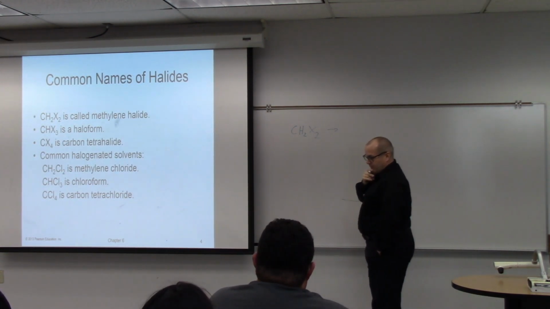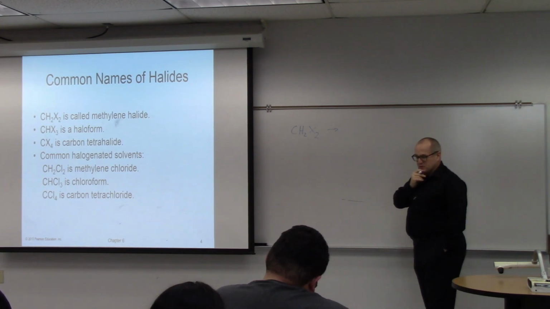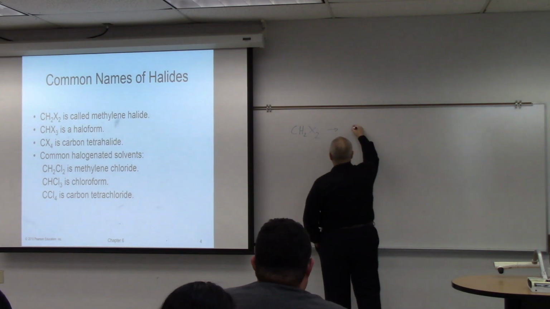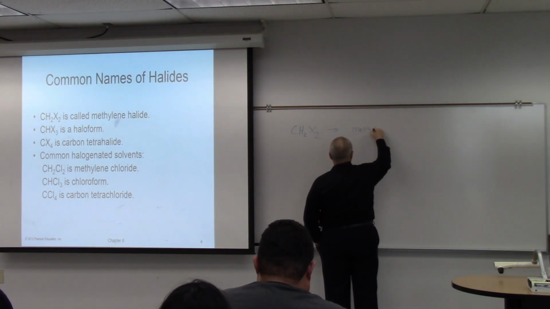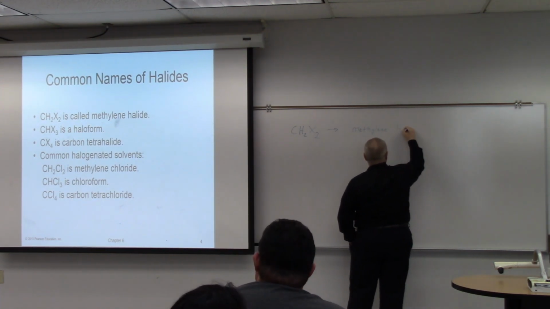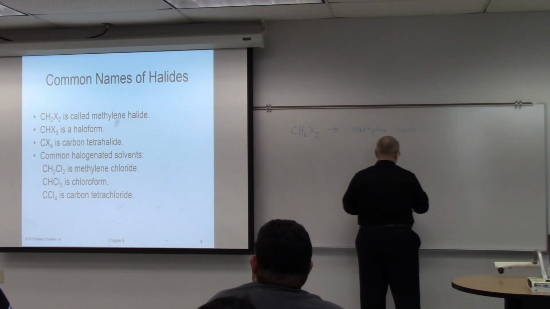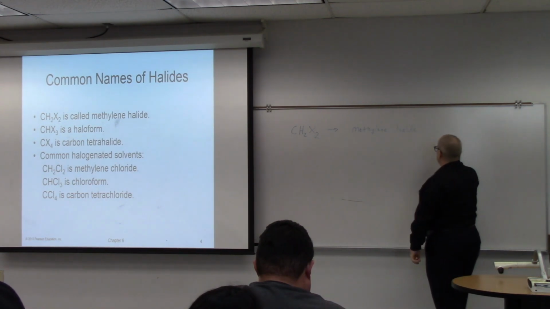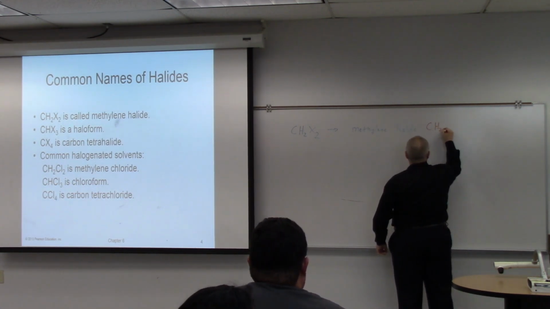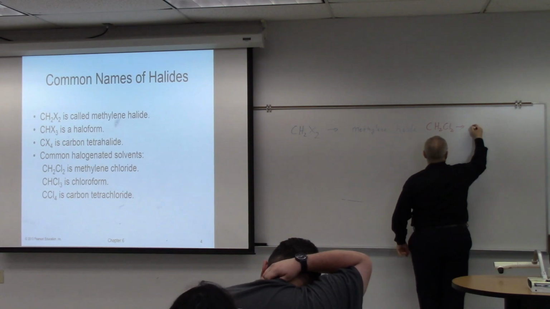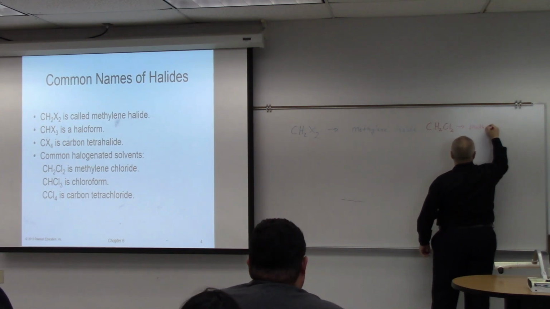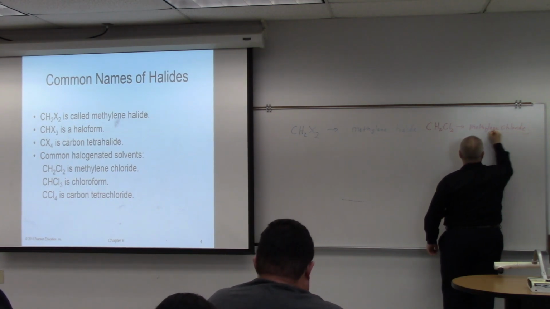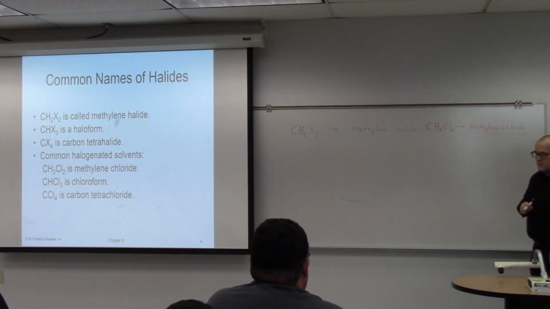Now, whenever you have a carbon with 2 hydrogens and 2 halogens, that is called a methylene halide. A methylene halide. So if we had CH2Cl2, that's commonly known as methylene chloride, commonly referred to that.